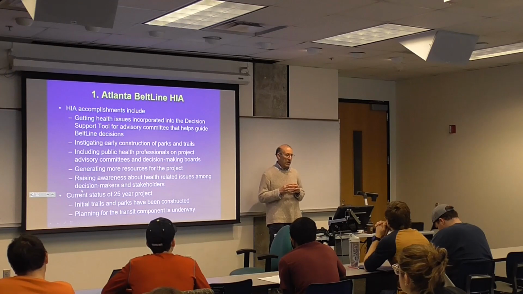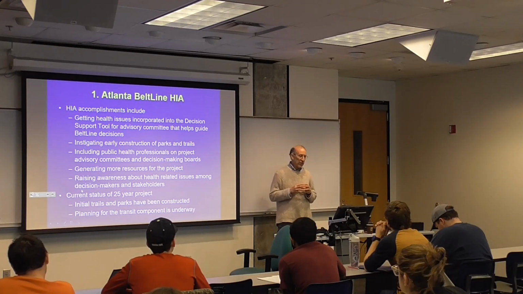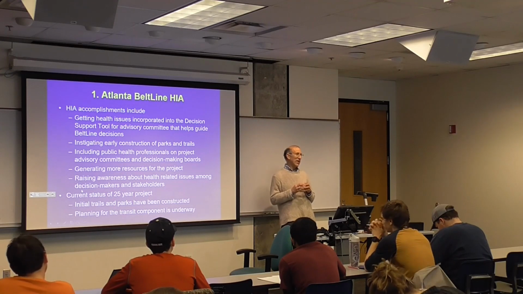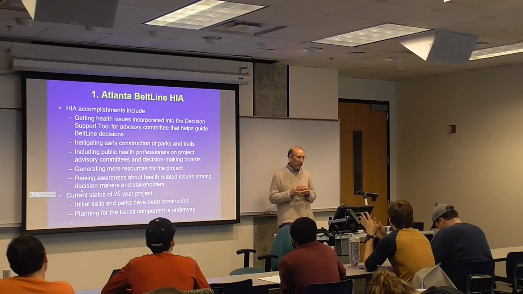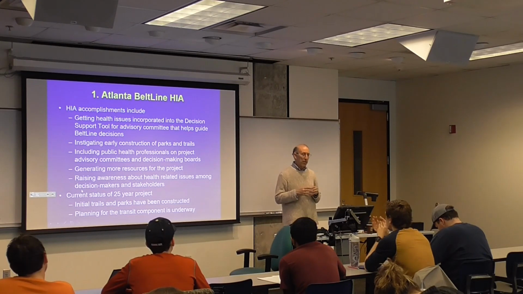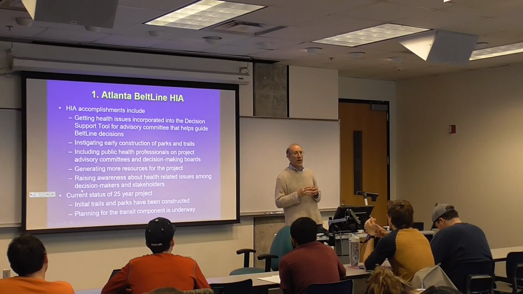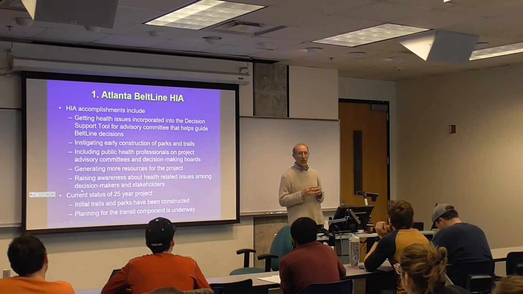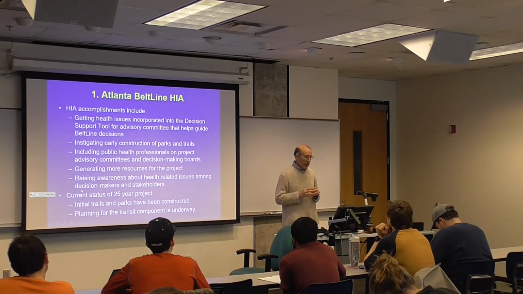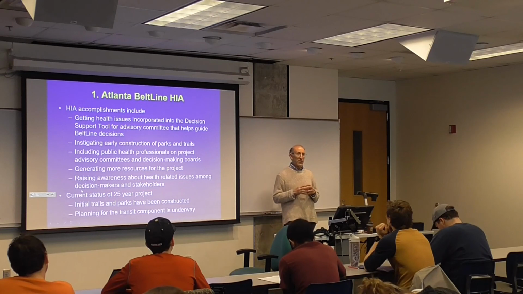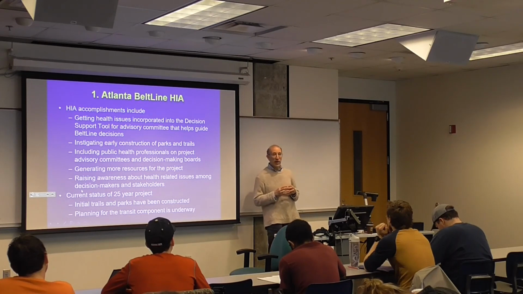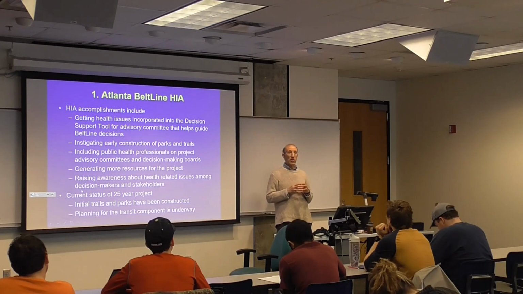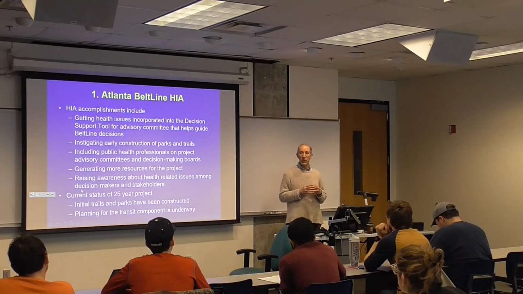Some of the accomplishments that grew out of the recommendations: there was a decision support tool being used to guide many of the decisions that had to be made as they put the Beltline together, and out of the HIA grew the idea of having health issues be considered in that tool. There was a push from the HIA to get the parks and trails done early, because at one point it could have been all transit first and parks and trails later.